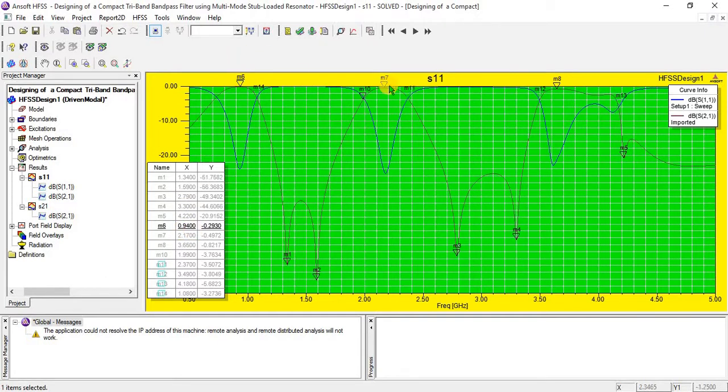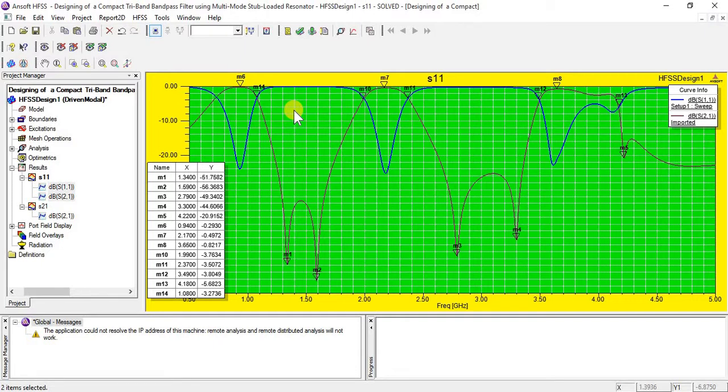Similarly, M7 shows the insertion losses of the second passband, and M8 shows the insertion losses of the third passband. These are the practical explanation of insertion losses. Here you can see that they are measured at the start of the passband.